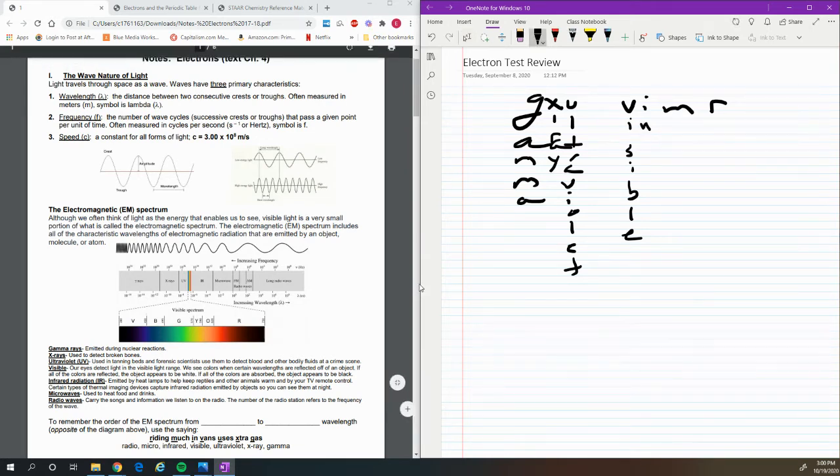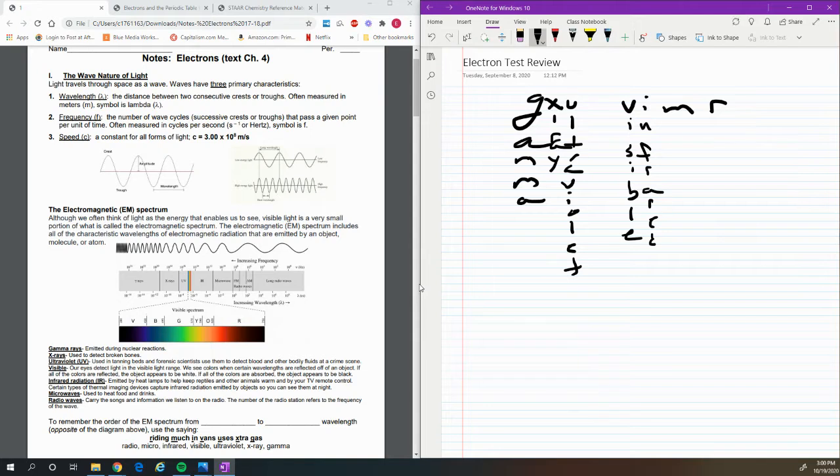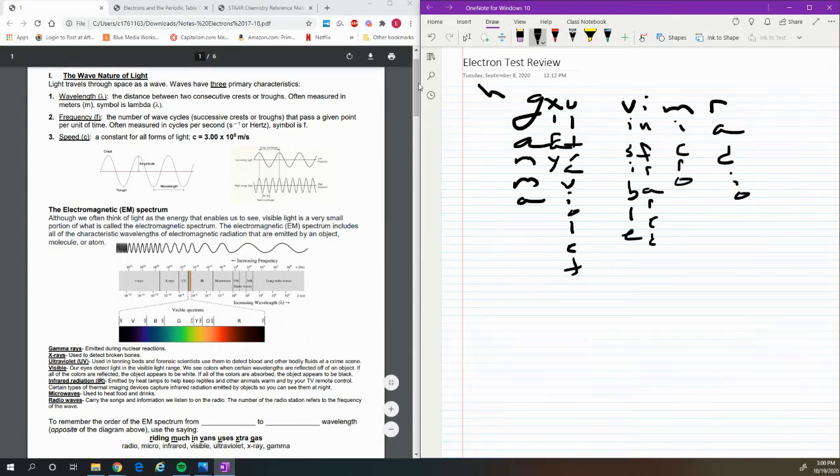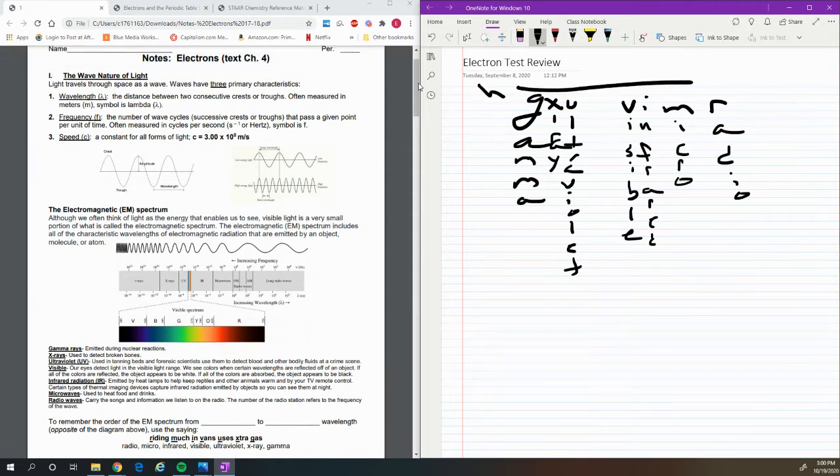Then you've got infrared, that's that night vision, where you see heat signatures. M is microwaves, and R is radio. Okay, so this is going from high to low frequency. So the gamma has very high frequency, the radio has a lot less frequency.